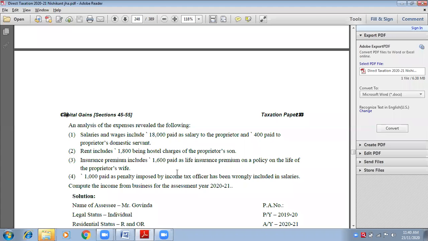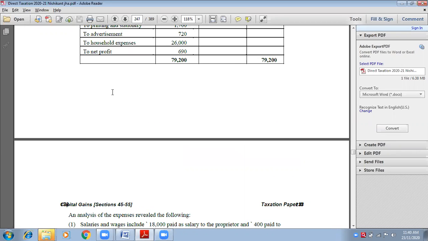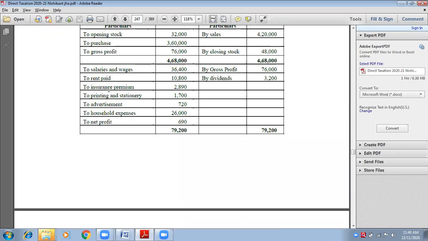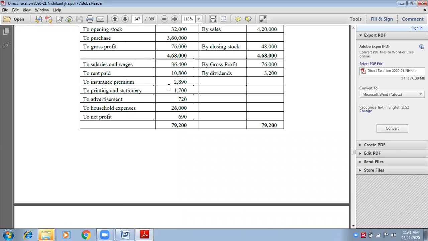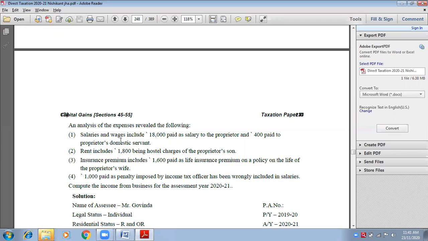Let us look at the next adjustment. Insurance premium. Now, on the upper side in the P&L, insurance premium was given as 2,890. It can be related to your business, but in the adjustment it is given that insurance premium includes 1,600 paid as life insurance premium on the life of policy of wife.